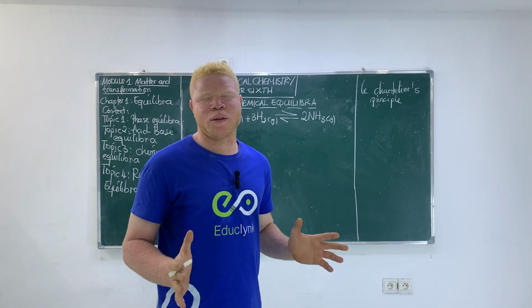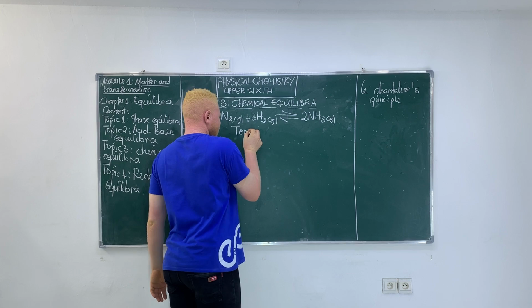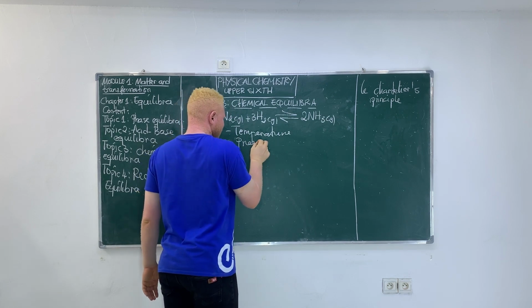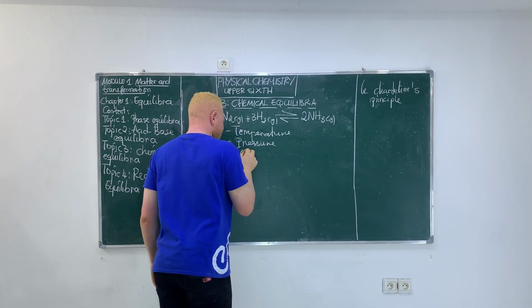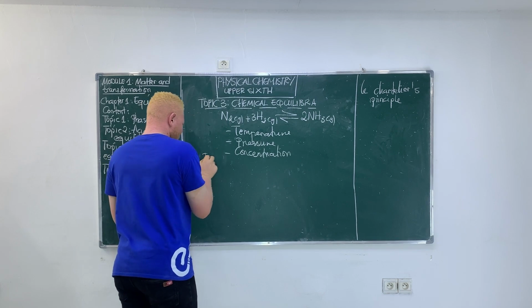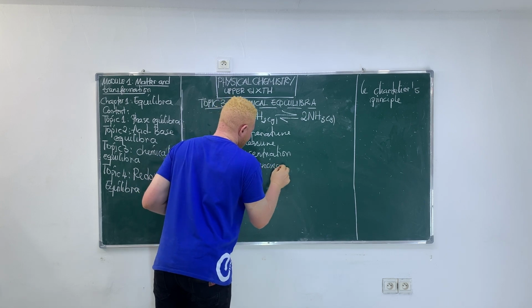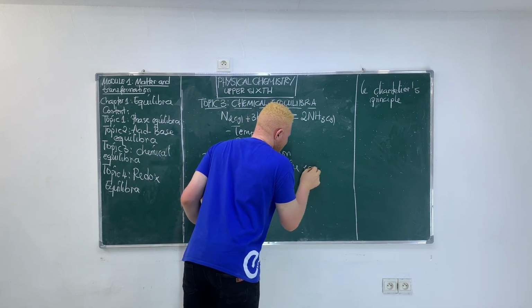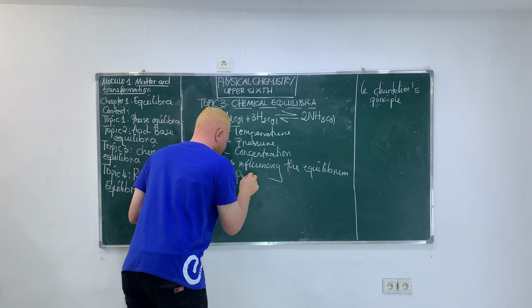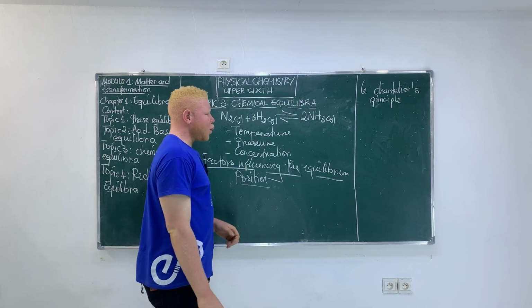So there are three main factors that influence the equilibrium position: temperature, pressure, and concentration.